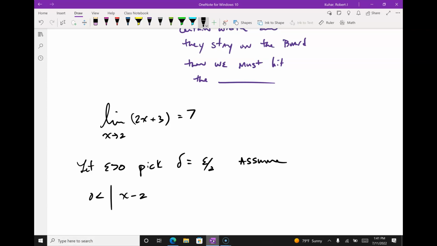So |x minus 2| is less than delta, and show that |f of x minus 7| is less than epsilon.